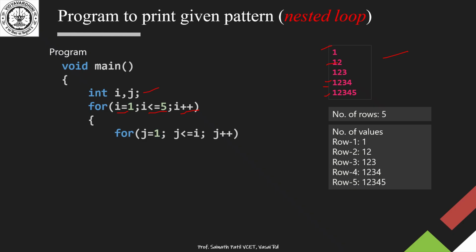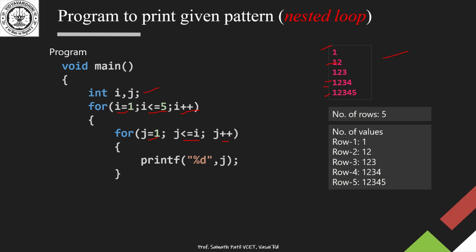Then within that for loop, one more for loop is nested, that starts with j is equal to 1, j less than equal to i. Just make note that here we are comparing the value of j with i itself. Then j plus plus. Then in the inner for loop we print the value of j, that is printf %d, j.